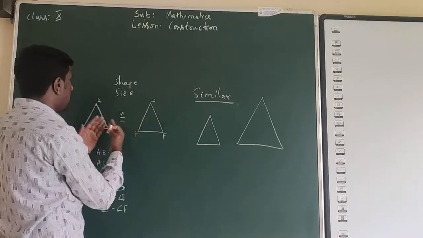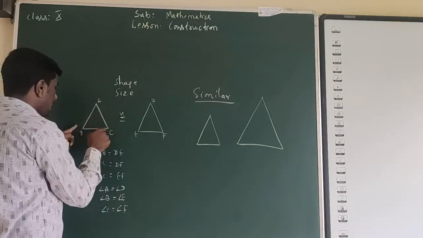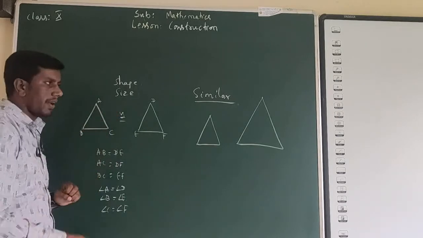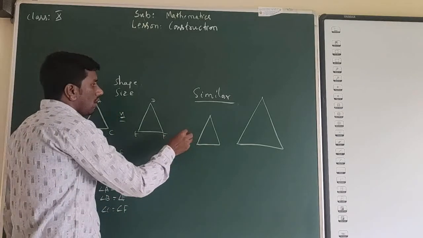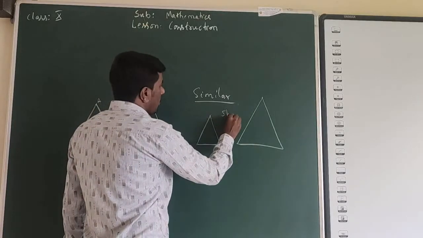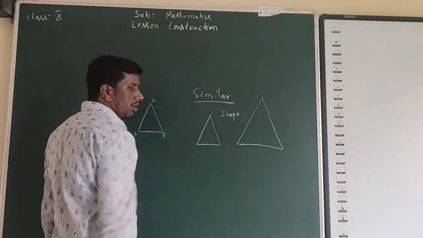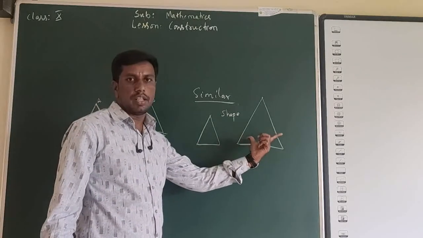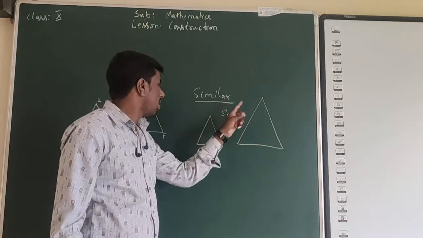If you take this triangle and keep it on this triangle, it will exactly match, right? The size will not differ. Whereas here, only shape, not the size. It may be a smaller triangle, it may be a bigger triangle. It doesn't matter in the similar concept.